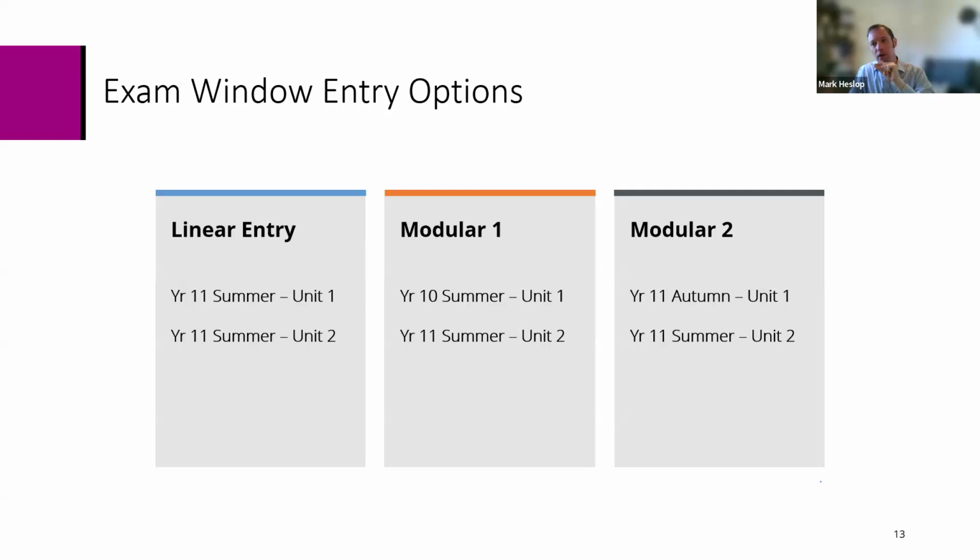We're going to leave it until the autumn of year 11 when they've got a bit more experience under their belt. They're working through some of the unit 2 content, and they might just be a little bit more mature. So these are the options you've got, and it really does depend on your students. But then, of course, they've got that option then to resit unit 1 in the summer of year 11.